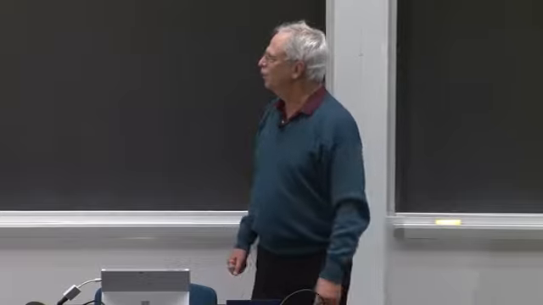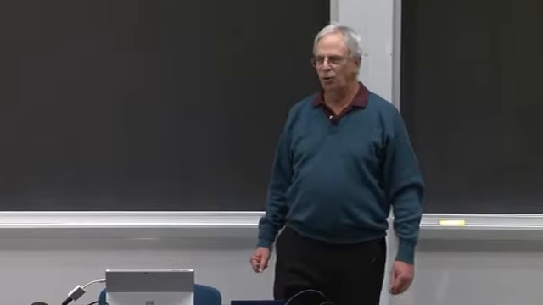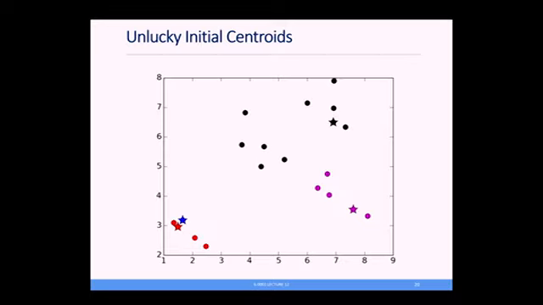What about unlucky centroids? So here, I got the same points we started with, different initial centroids. I've got a fuchsia one, a black one, and then I've got red and blue down here, which I happen to accidentally choose close to one another. Well, if I start with these centroids, certainly you would expect things to take longer to converge.